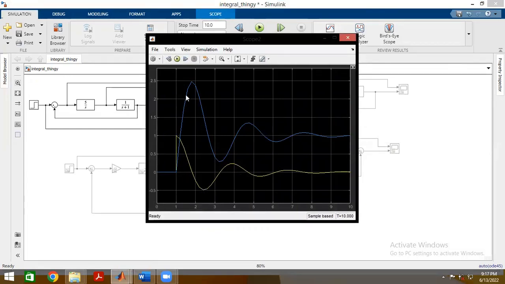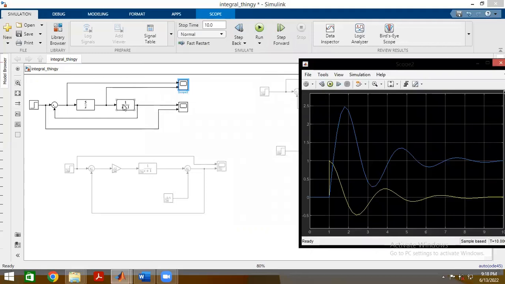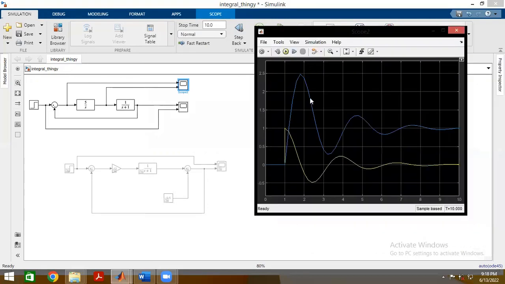And over here is the signal that you're giving to the plant. Remember, the reference is 1. So when this becomes 1, it means we've reached steady state, because we're just giving 1 to the system and the system is giving us 1 back. But what I want you to look at is this part of the error over here.